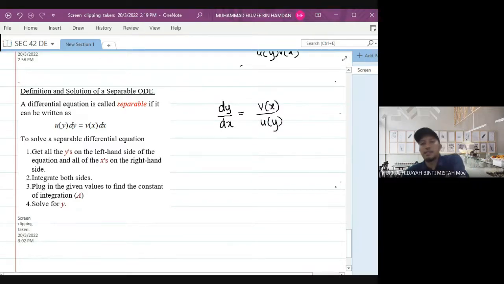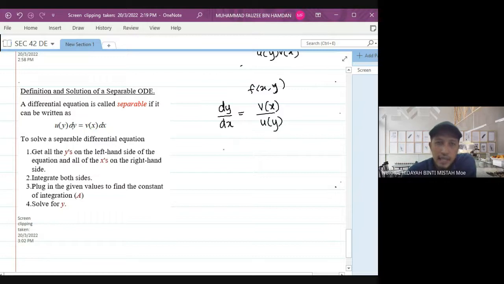Because this is in terms of x and y, we can write it as a general f(x,y). But if this f(x,y) can be separated into this form, v is a function in terms of x only, u is in terms of y only, so we can separate.